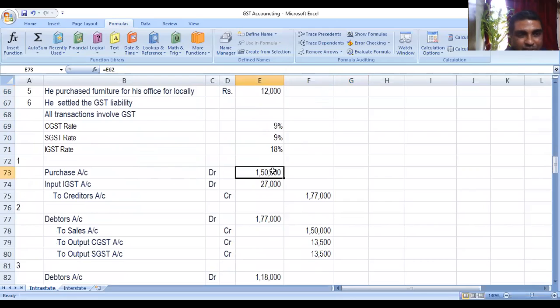Purchase 1,50,000, input IGST. So here we will be opening one more additional ledger, input IGST. Earlier we knew we have to open input CGST account, input SGST account, now input IGST account. It will be shown as an asset. To creditors account, we are creating a credit purchase. So 1,77,000. That's a simple entry for us. The only thing we have to learn is that we have to open this input IGST account.